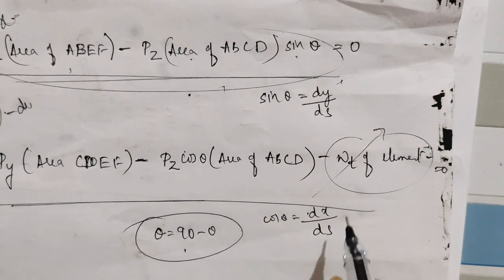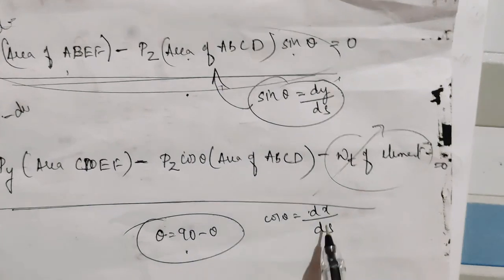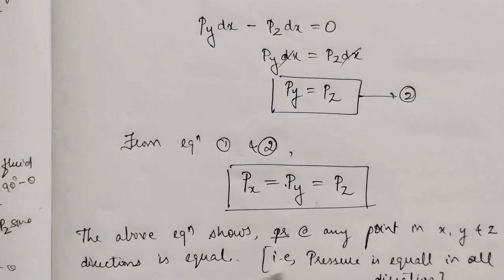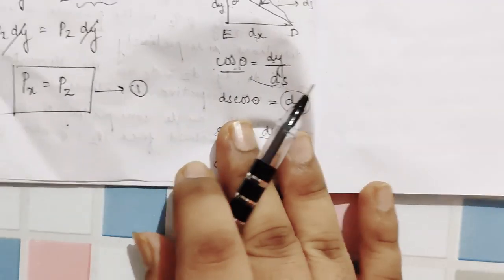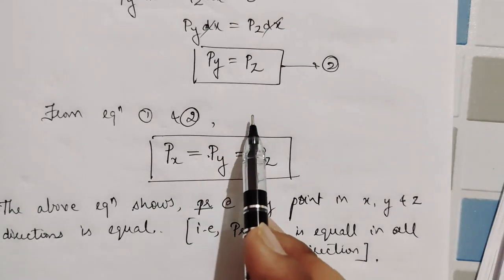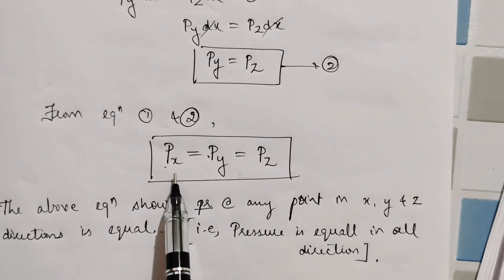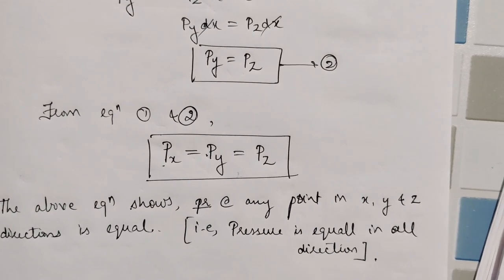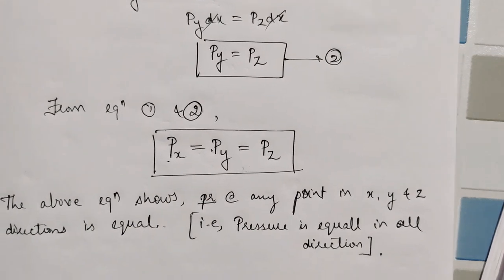If we substitute these values, we get the required answer: px is equal to pz and py is equal to pz, so from equation 1 and 2, px, py, pz are equal, so the pressure at any point in a static liquid is the same in all directions. So this was about Pascal's law. Thank you. The next topic will be discussed in coming classes.